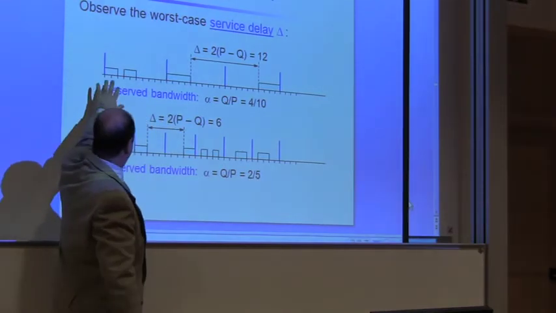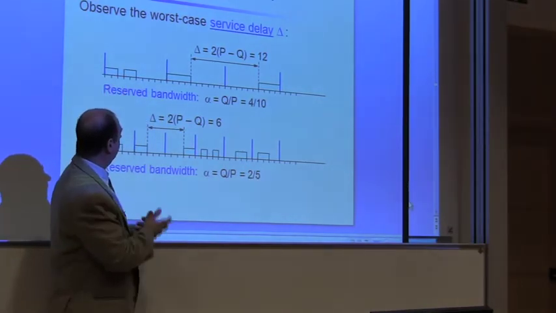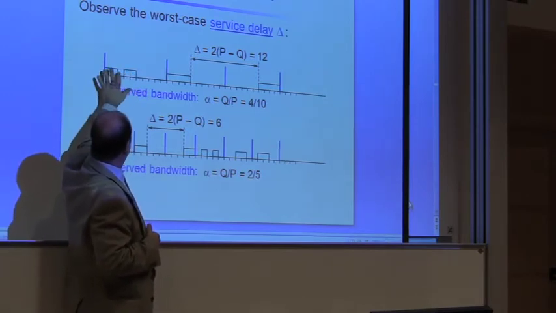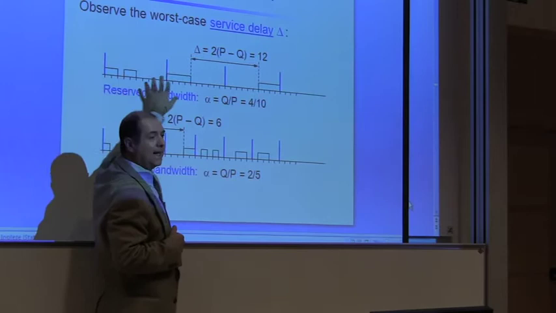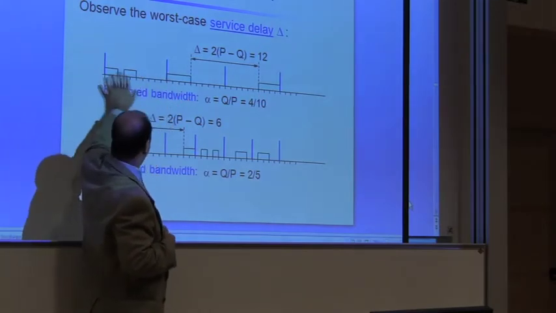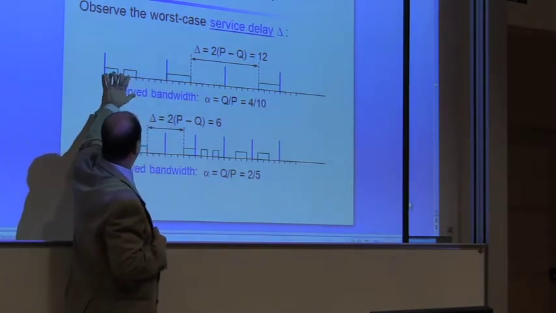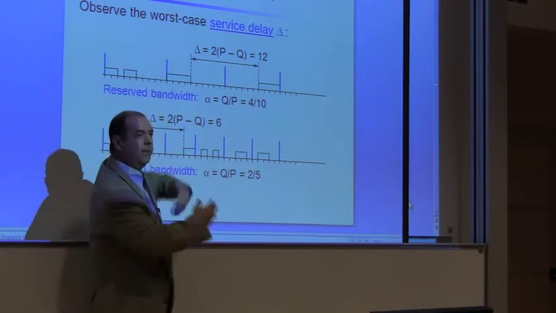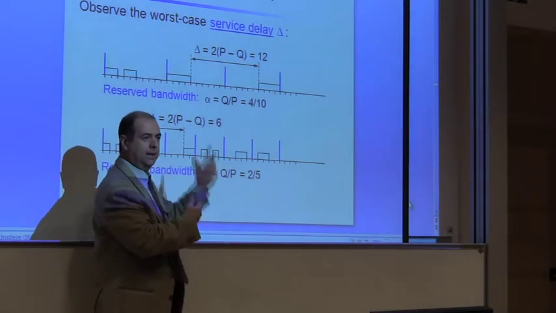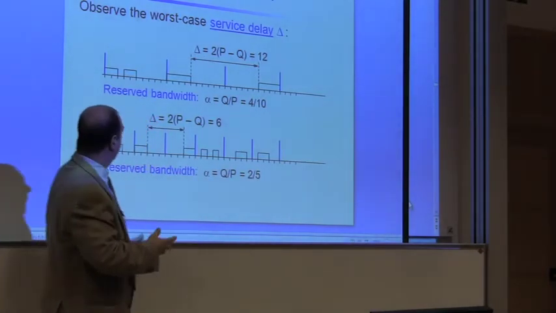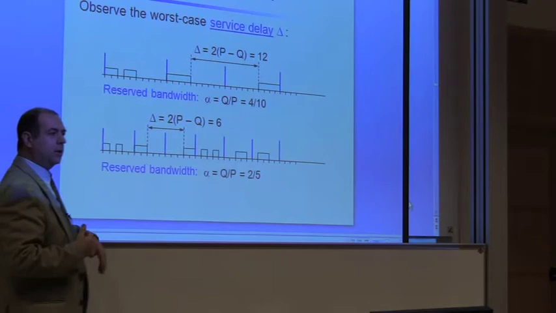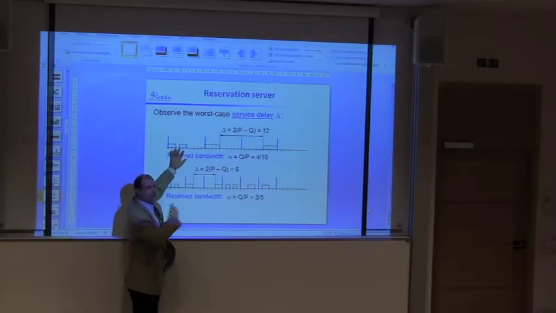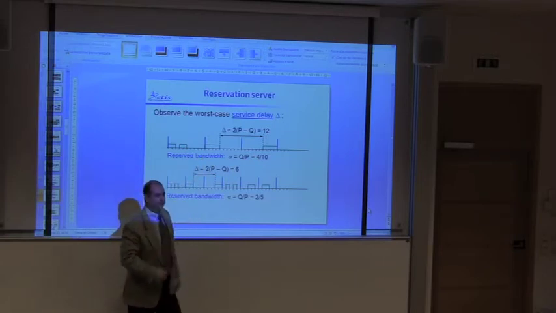But you can also use a more dynamic approach, like a priority-based approach. You just reserve, in this case, 4 units every 10, and then you don't care whether these 4 units are executed at the beginning or at the end. They can be executed anywhere depending on how you schedule the reservations. So if you use a priority-based approach, the highest priority reservation will always run at the beginning, then the second one, so it's a more dynamic approach.